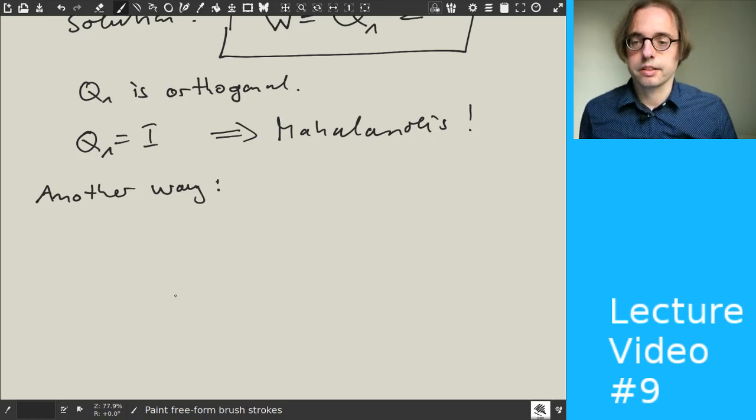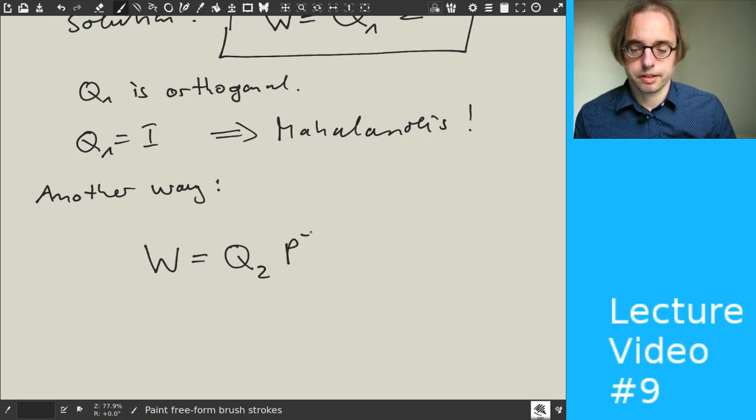So we can write the whitening matrix as the product of Q2, so that's a different rotation matrix, times the correlation matrix to the power minus 1/2, so this inverse matrix square root of the correlation matrix, times the inverse matrix containing the correlations.